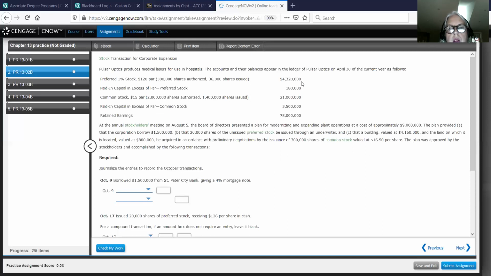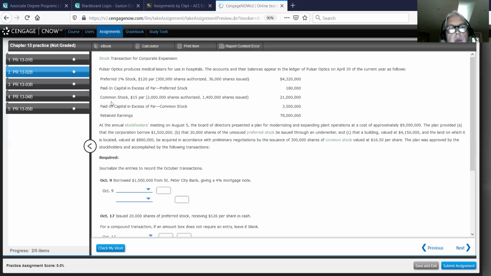So if you were to combine the preferred stock and the paid in capital in excess of par on the preferred stock together, that would give you the amount that you actually sold the stock for. And that would be for the 36,000 shares that were issued.